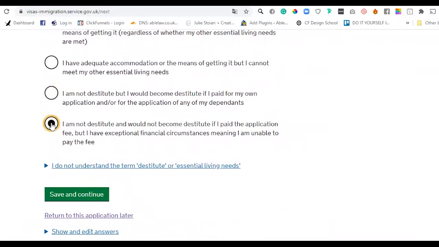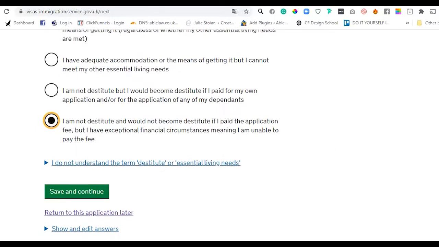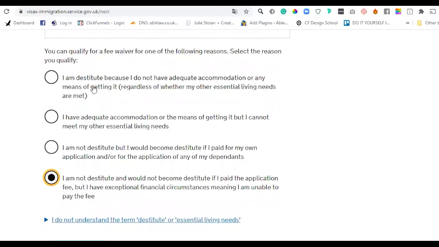Number 4, I am not destitute and would not become destitute if I paid the application fee. But I have exceptional financial circumstances, meaning I am unable to pay the fee. So it's 4 levels, isn't it? One is you're clearly destitute. You don't have any accommodation, and you don't know where you're going to get the money. You're basically homeless.